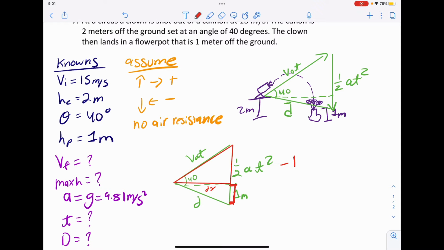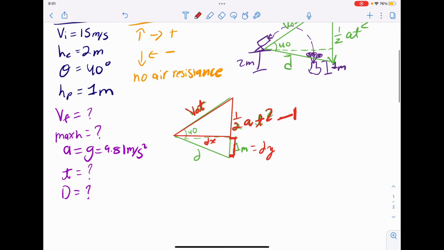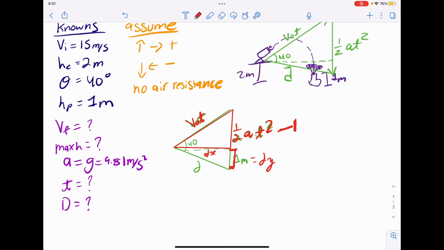There we go. So we'll end up with a triangle that says V naught T, half AT squared minus 1, and then our line on the bottom would be our displacement in the x. We know that our displacement in the y would be the 1 meter that we changed, right? So we went down 1 meter. Now we have a right triangle.